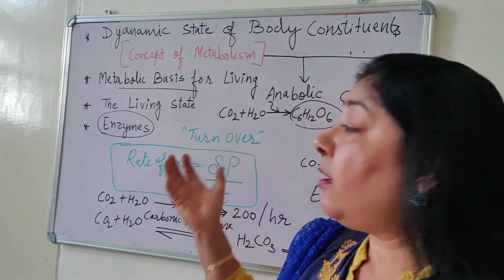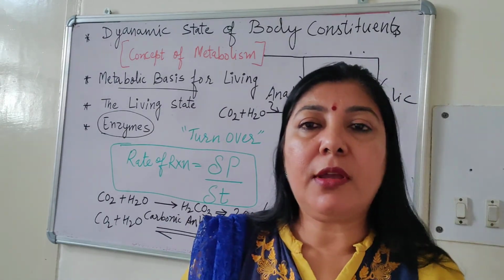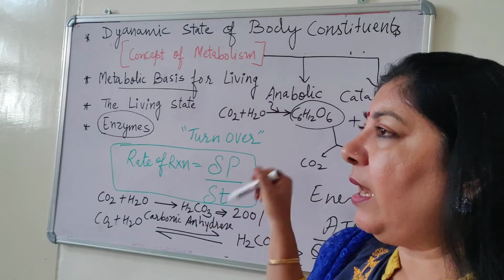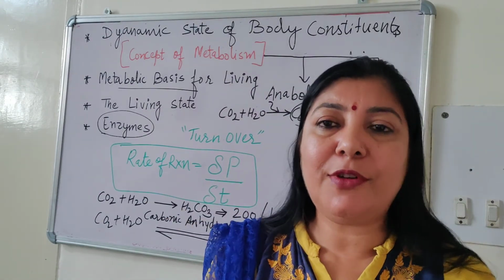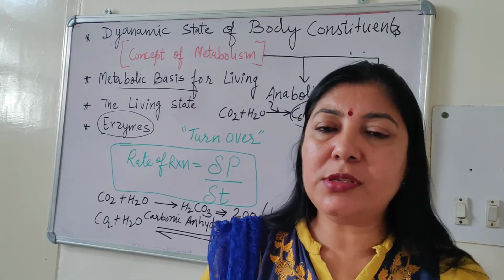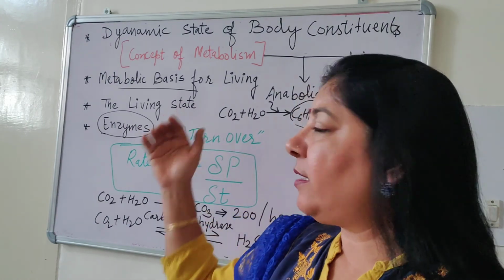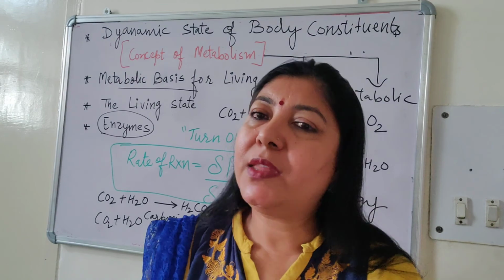So in the next lecture, I will be talking about enzymes. Today we have discussed mainly the interconversion of different molecules from one form to another. Okay, so in the next lecture, I will take up enzymes.